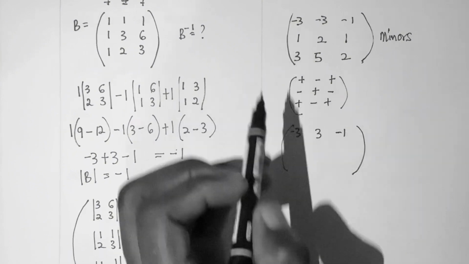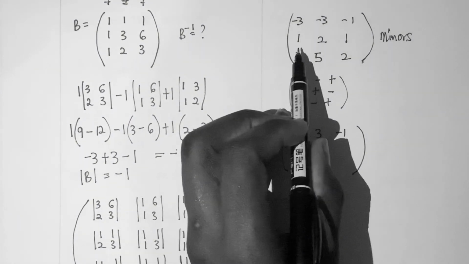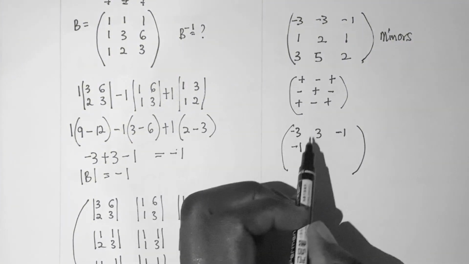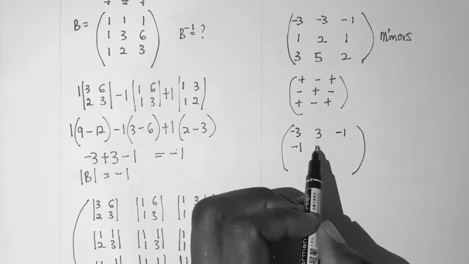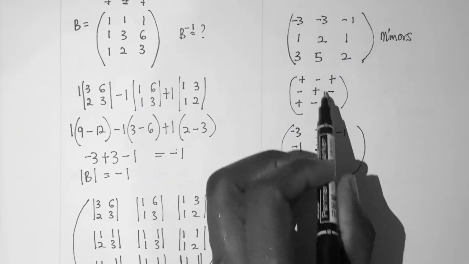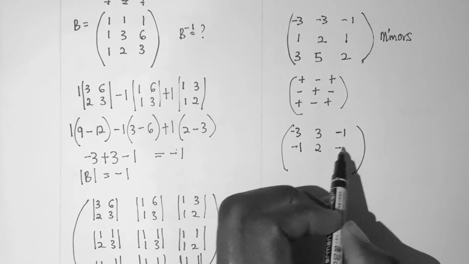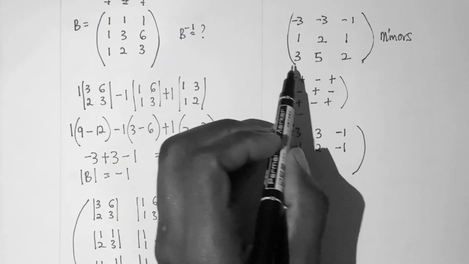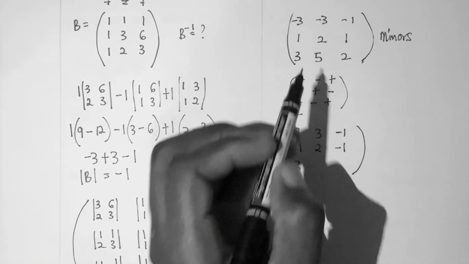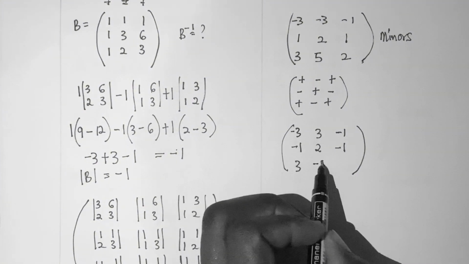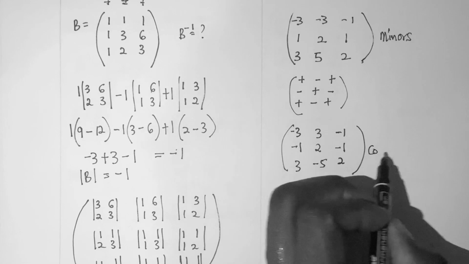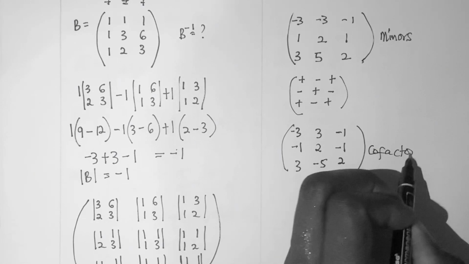Then at this place, 1 times minus 1 is minus 1. Then 2 times 1 is 2. Then here 1 times minus 1 is minus 1. Then at this place, 3 times 1 is 3. Then here 5 times minus 1 is minus 5. Then 2 times 1 is 2. So this is the matrix of the cofactors.